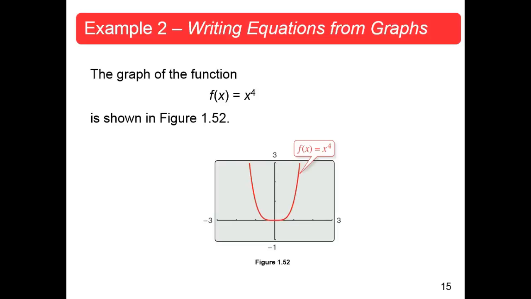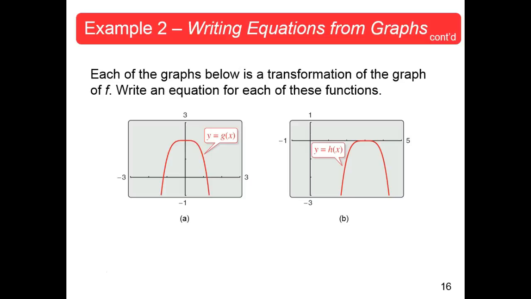That's the parent function that we're dealing with, and we're doing this A function here. What has happened to it? It turned upside down, which would be a negative f of x, and then you add 2 to it. So it'd be minus x to the 4th plus 2. Okay? Good enough.